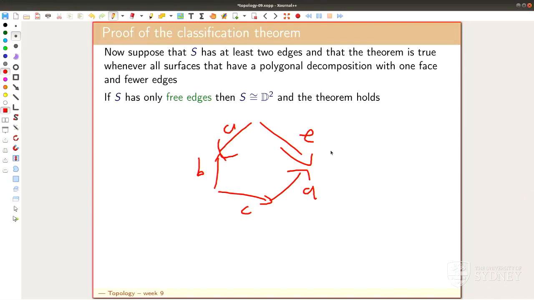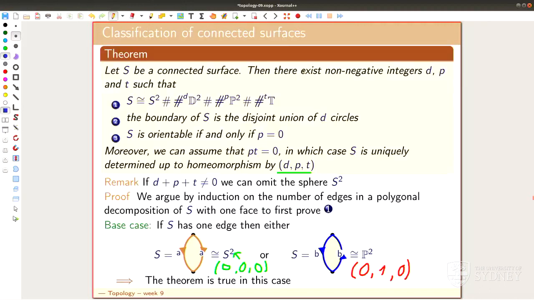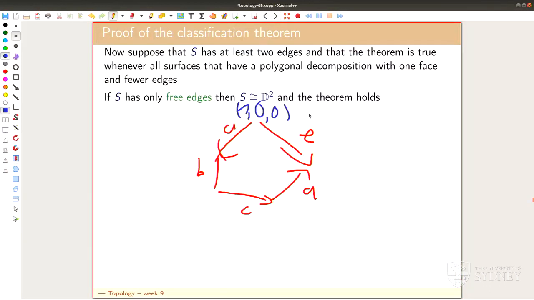So you take the piece of paper in your hand and you do nothing to it, so you found a disk. So if nothing is paired, as everything is free, we have a disk, which is exactly the case. Let me just write it down. 1, 0, 0, right? So here in this notation again. If I'm writing tuples, I'm always in this notation. So D is 1, P is 0, and T is 0. All right. So we can assume, okay, fine, we're done. Good. So we can assume that we have some paired edge.